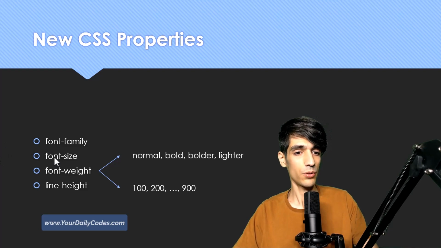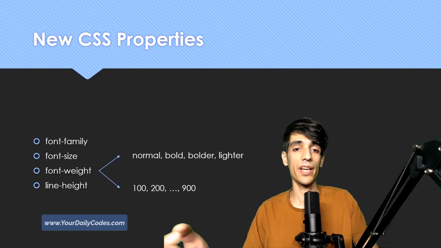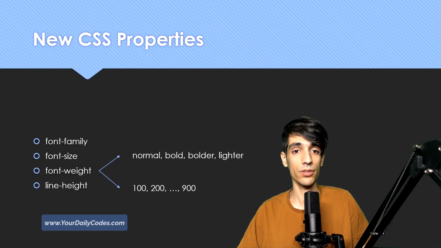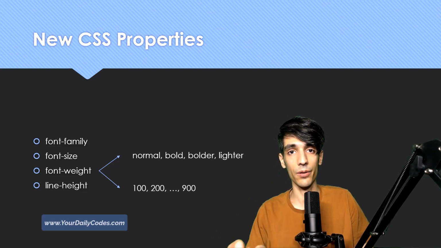Font family was used to set the font we are using. For example, we can use Poppins, we can use Calibri, Raleway, anything. There are so many fonts in the world. The font size, as you can guess, is the size of the fonts, and in font weight we have two types of value.